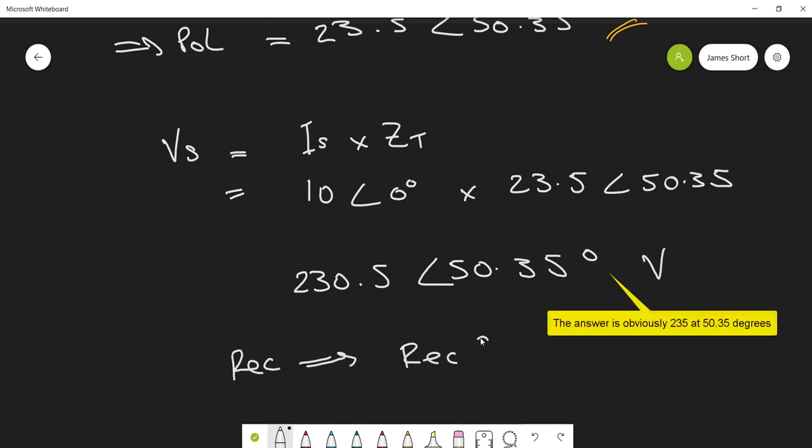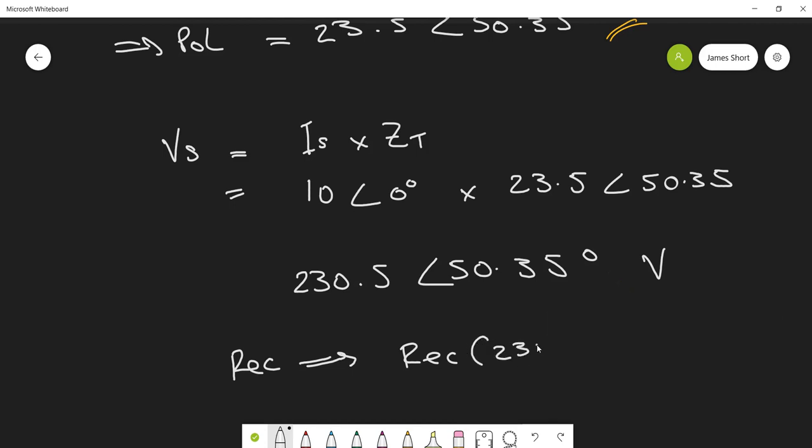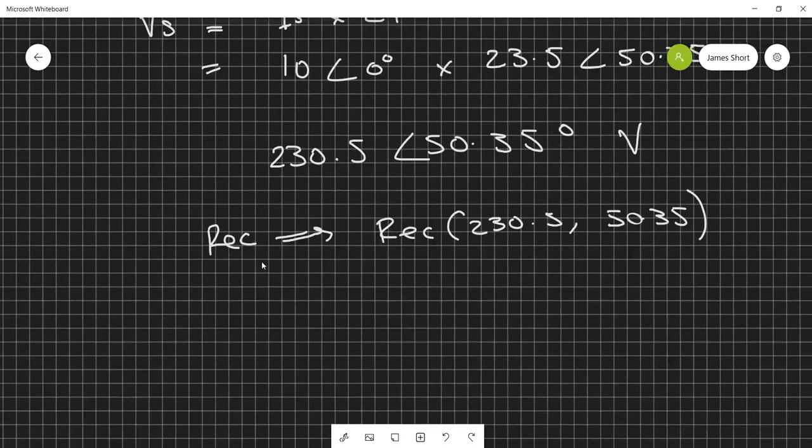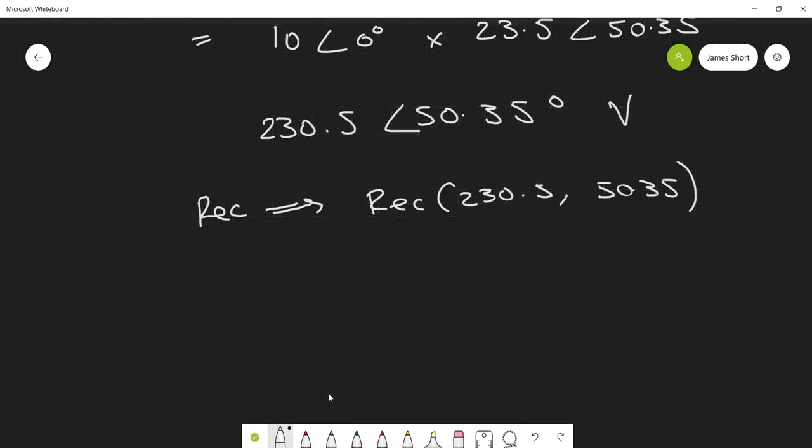On your calculator you would put 230.5, comma 50.35, and that comes out at 150 plus 181 j volts.